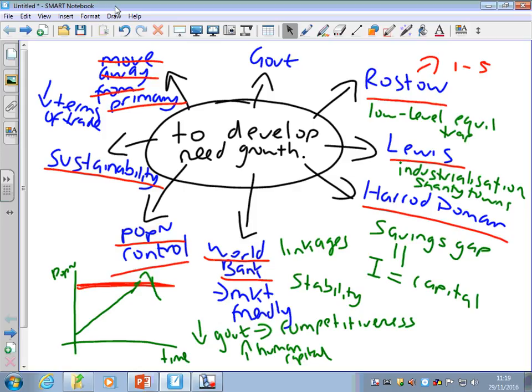The Rostow model talks about moving away from primary towards more manufacturing work. But the problem is, how do you do it? You often need money. Now, the problem is that many people, when they take out loans to fund investment opportunities, need to have collateral. Attach a loan to your property, for example, or land that you might own.